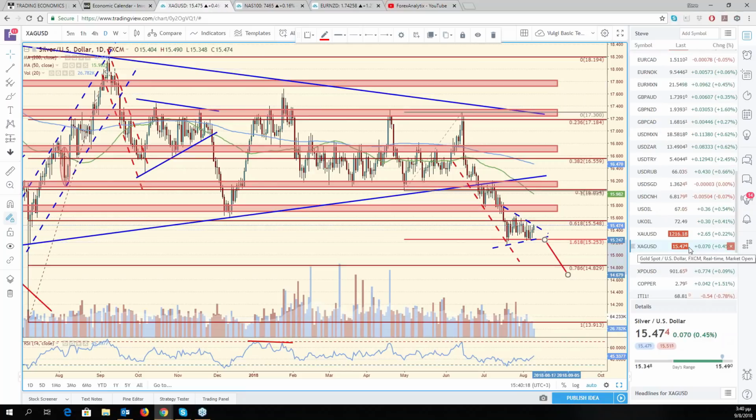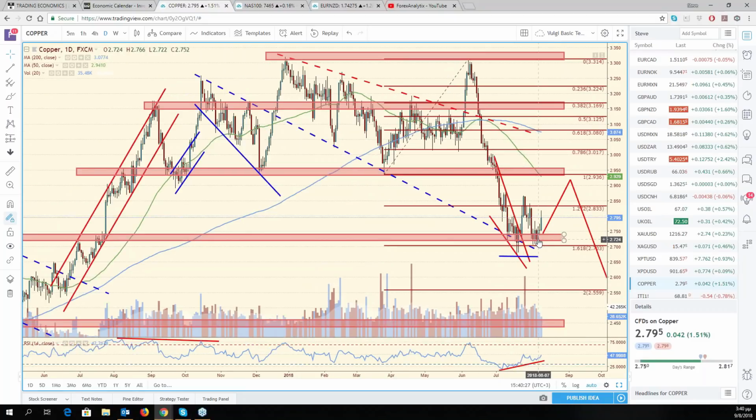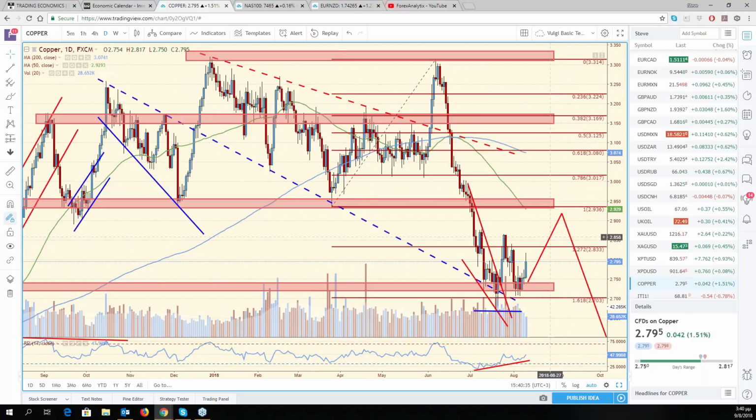Now, copper. I saw this chart the other day, and I said that this is the last opportunity it has to rebound higher and produce one more leg to the upside before resuming lower. And it might be doing that. Actually, in this case, I would be looking for resistance anywhere below 294.